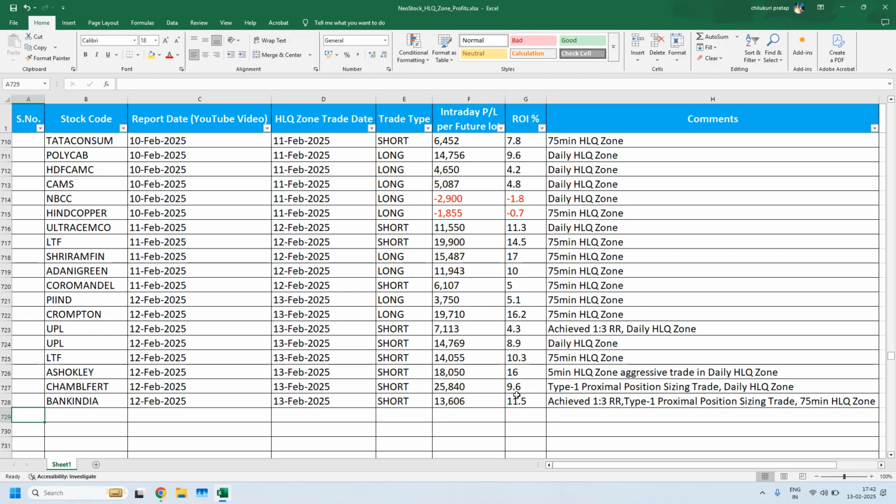That way I calculated these values, but please remember these last two stocks' statistics are a little wrong. They are not accurate, because these statistics are without position sizing calculations on the F&O. If you do position sizing, you won't get this much profit.